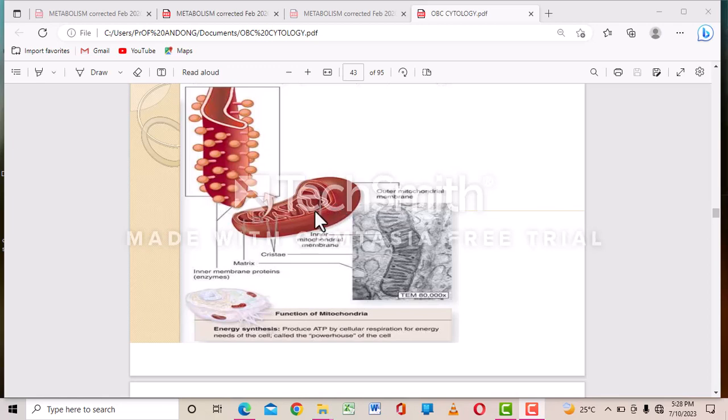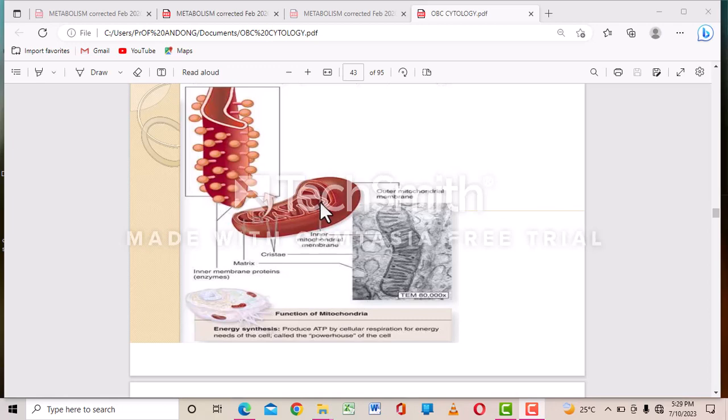Now it must also be clearly noted that the Krebs cycle actually occurs in the matrix of the mitochondria, and the electron transport chain actually occurs on the cristae of the inner membrane of the mitochondria. This therefore brings us to a conclusion that aerobic cellular respiration occurs in the mitochondria.